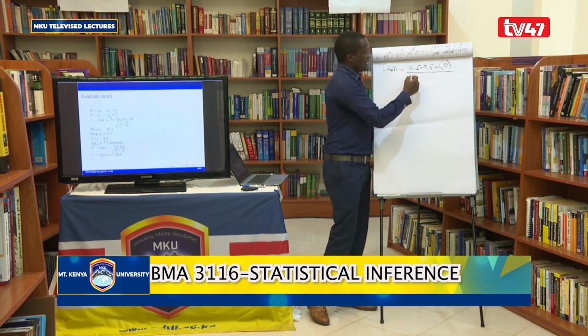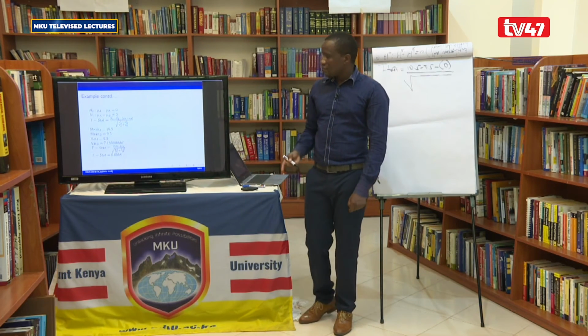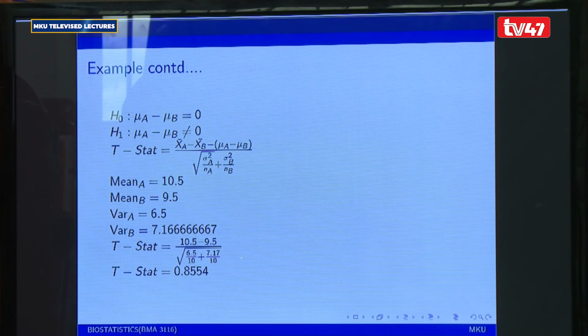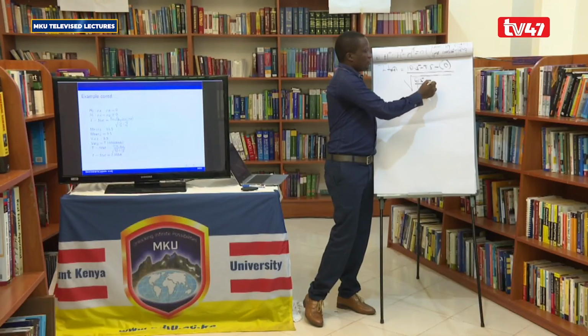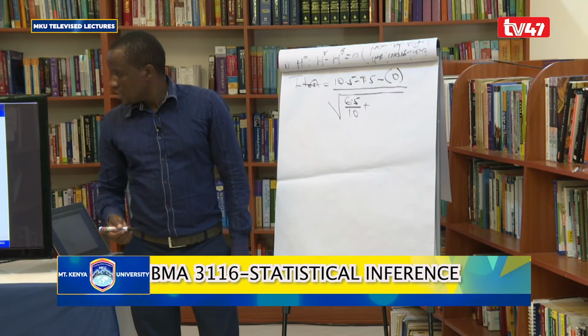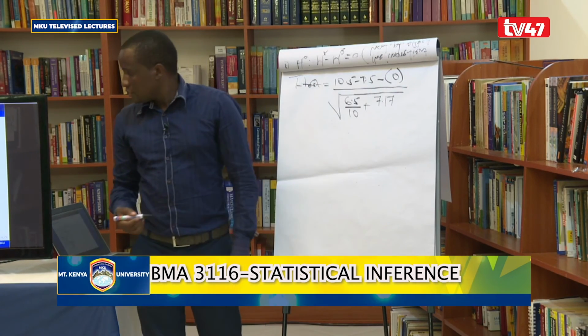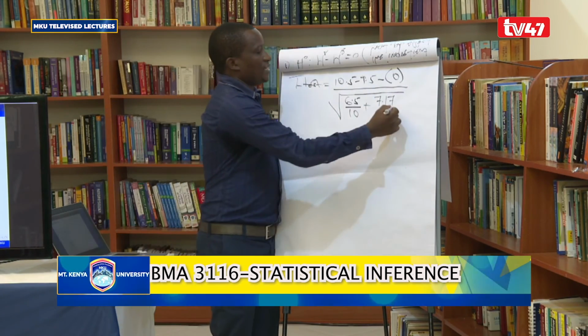Then the variances for A and B have been calculated as follows, such that the variance of A is 6.5. So you'll have 6.5 divided by 10, the number of observations, because for each case we took an equal number of individuals to take the medicine, then plus 7.1, to 2 decimal places in that case, divided by 10.